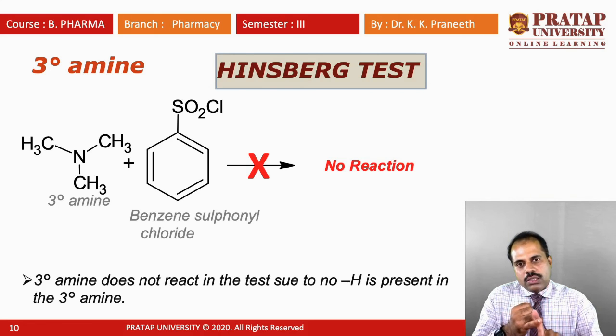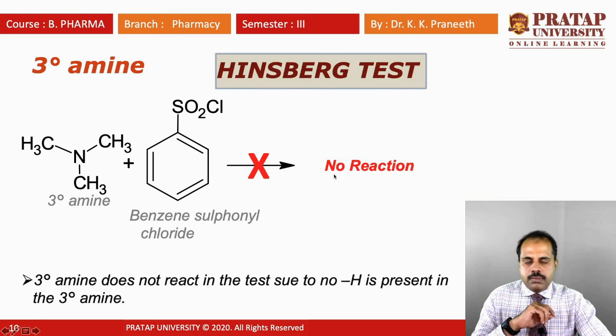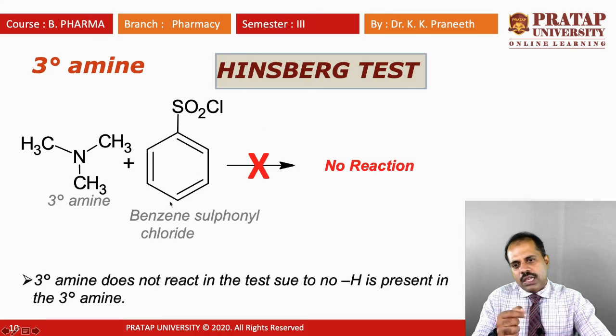If a product is formed and it is water insoluble, then it is a secondary amine. And if there is no reaction, no product, then we conclude that the amine is tertiary. Using this simple test, with a reagent available in all labs and very cheap, we can easily find out which amines are present.